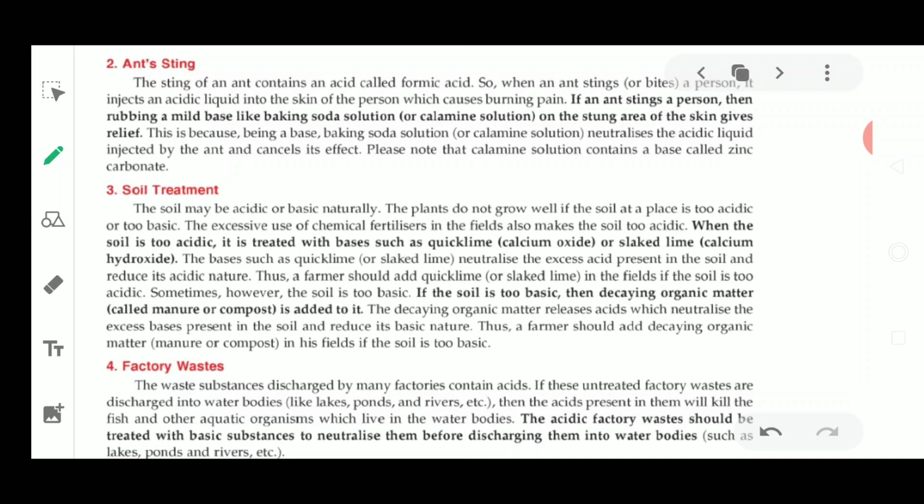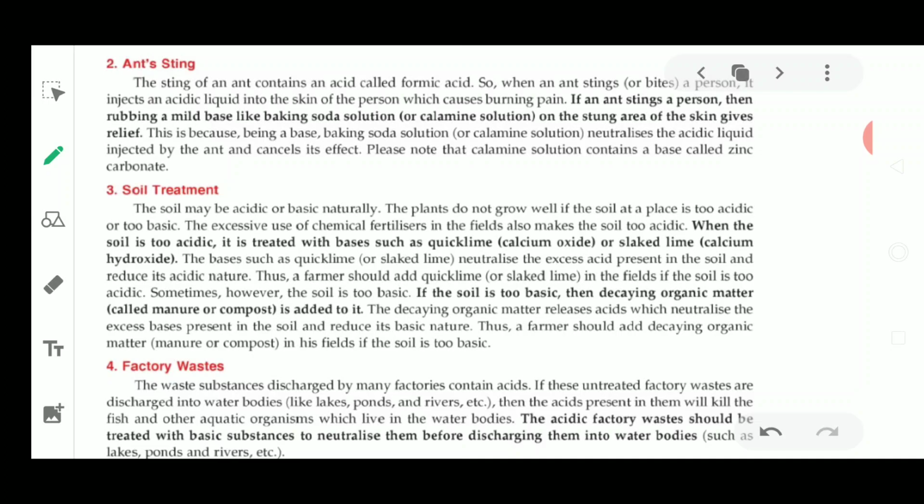When the ant stings or bites a person, it injects the acidic liquid inside the skin of the person, which causes burning and pain. Now if you have ever encountered these ants, they are very dangerous also.